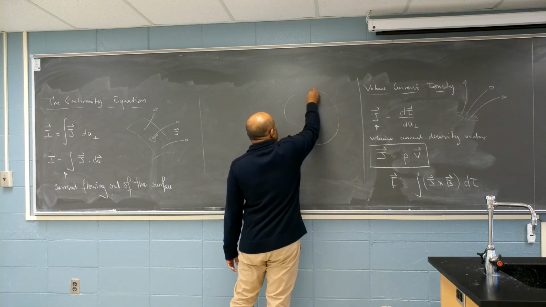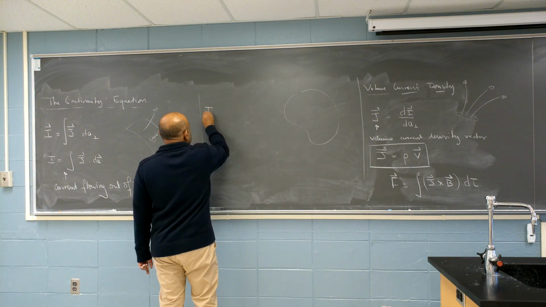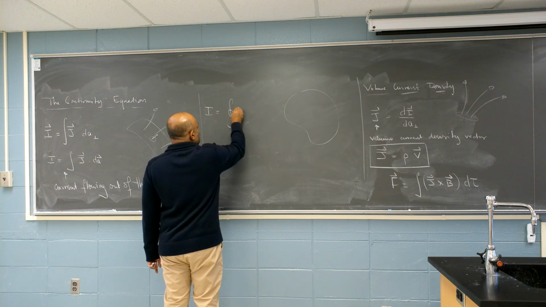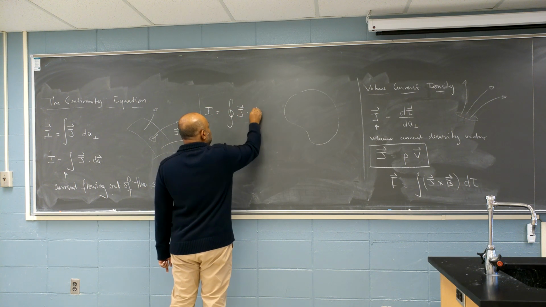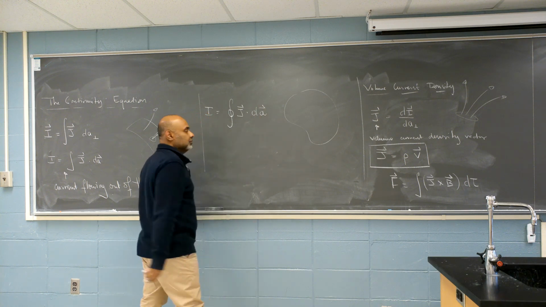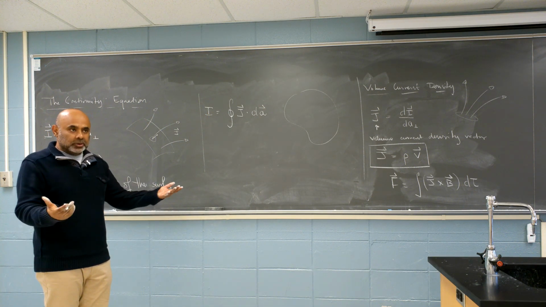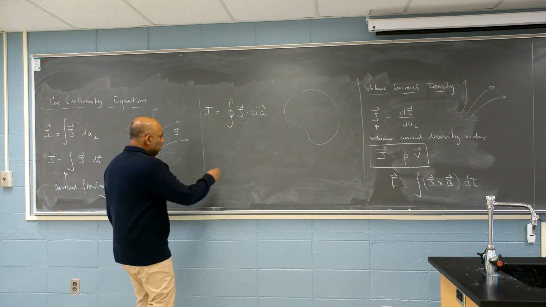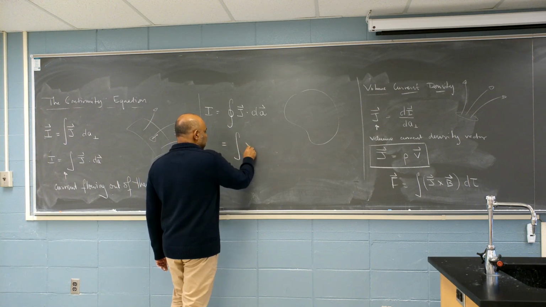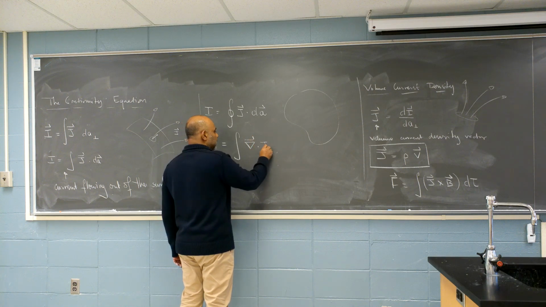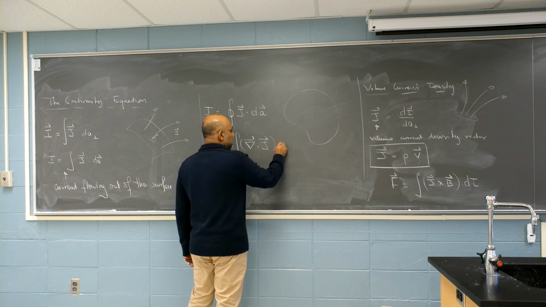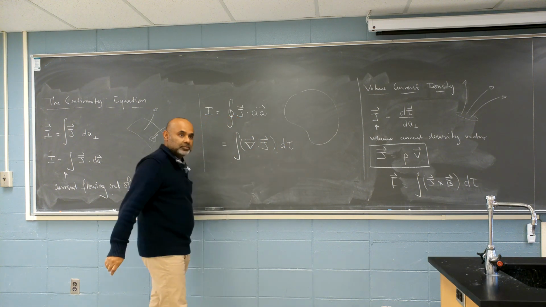And then let's do J dot dA. Well, why do I want to do that? Well, I just told you I want to use the divergence theorem. I don't know what this means, but all I know is this is divergence of J d tau.